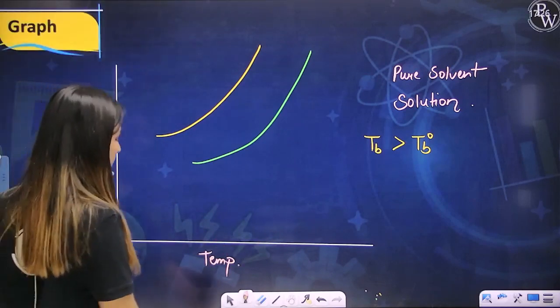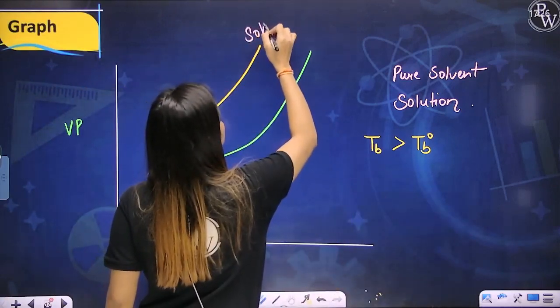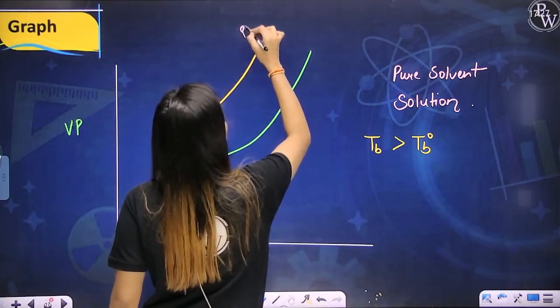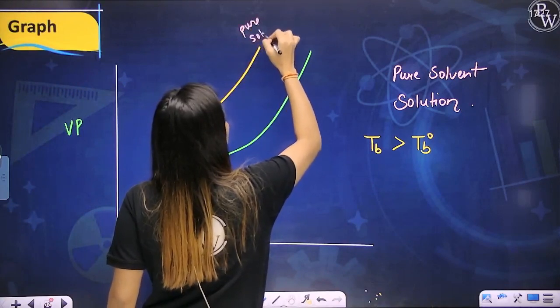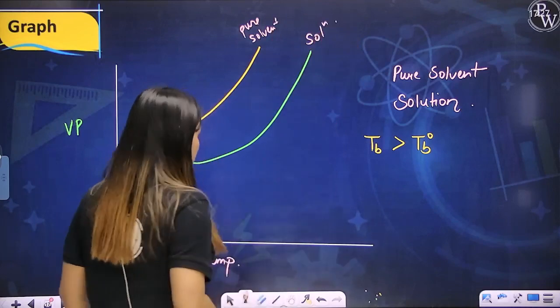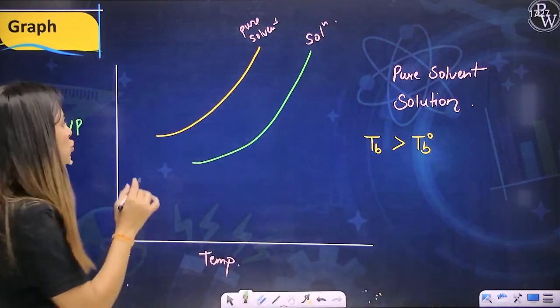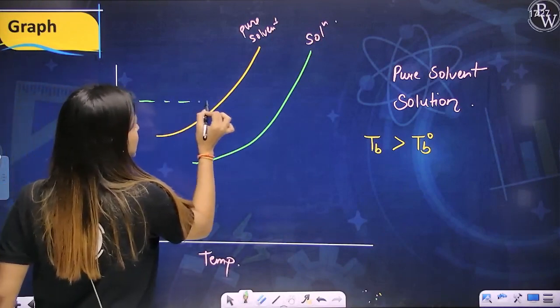What I want to tell you is, the graph here, my dear students. Let us say this was your pure solvent, and this is your solution. Now you know that the atmospheric pressure is 1 atmosphere. So you will fix the pressure.